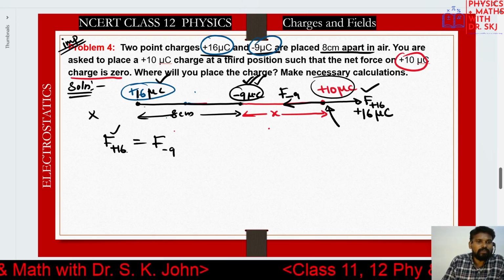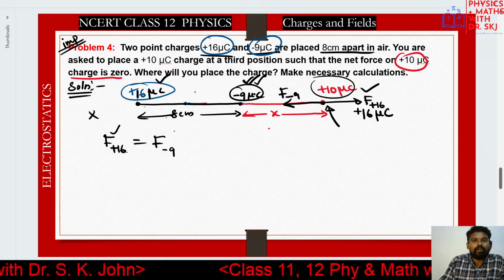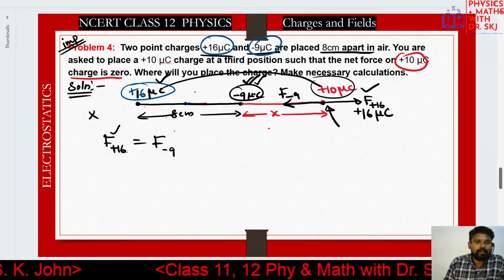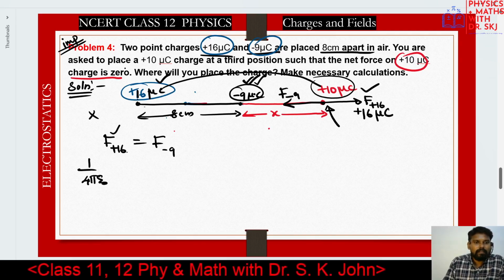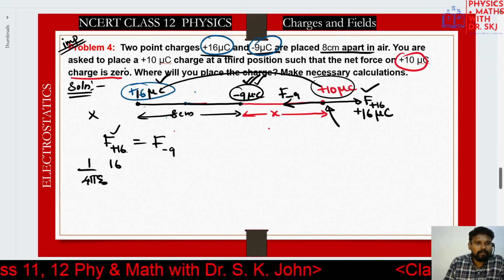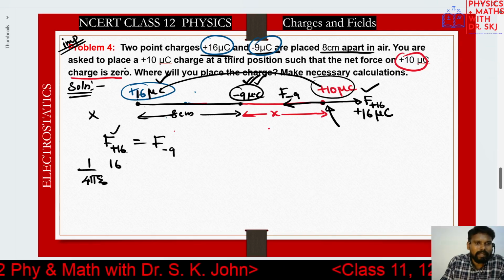So what is the force due to F plus 16 on this 10 microcoulomb charge? It is 1 by 4 pi epsilon 0, the constant, and 16, actually it is microcoulomb.